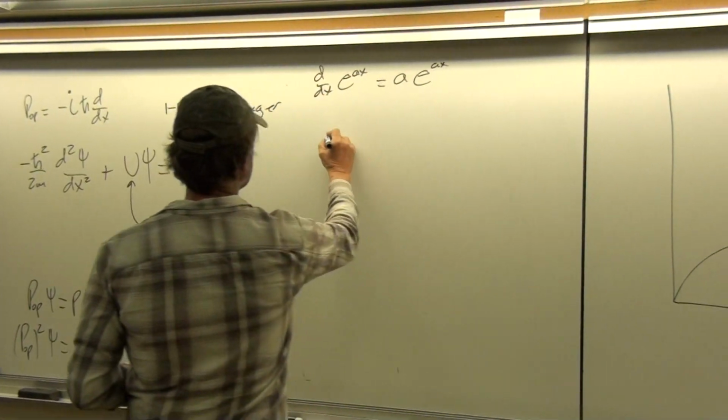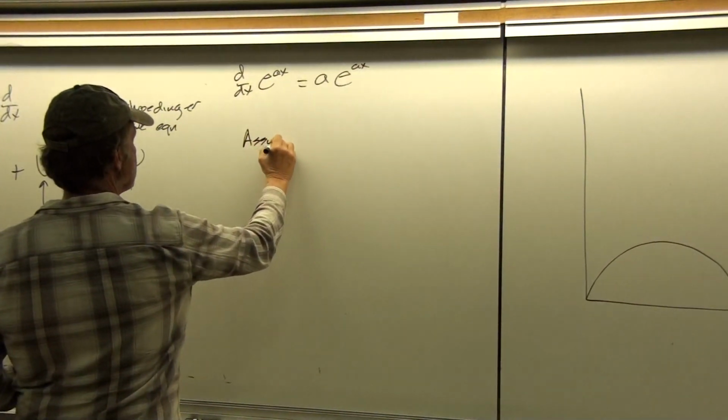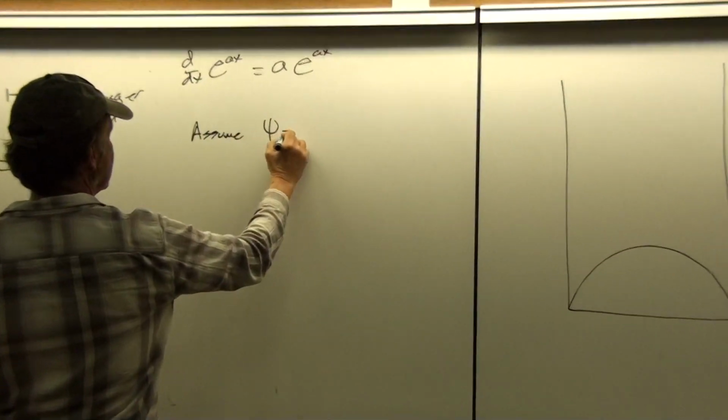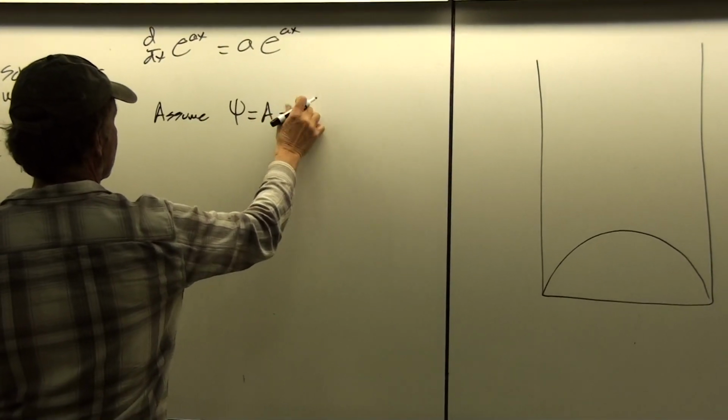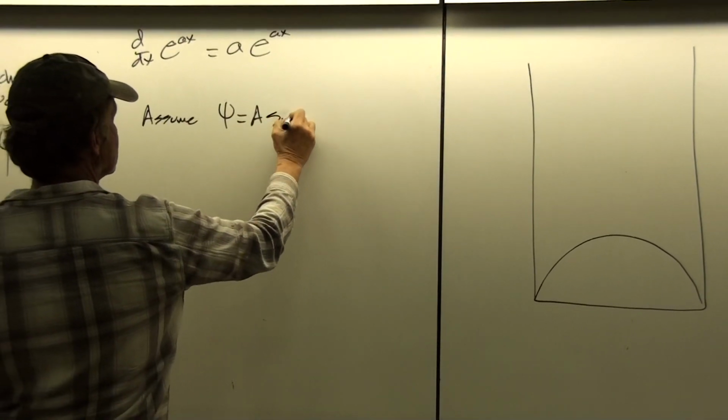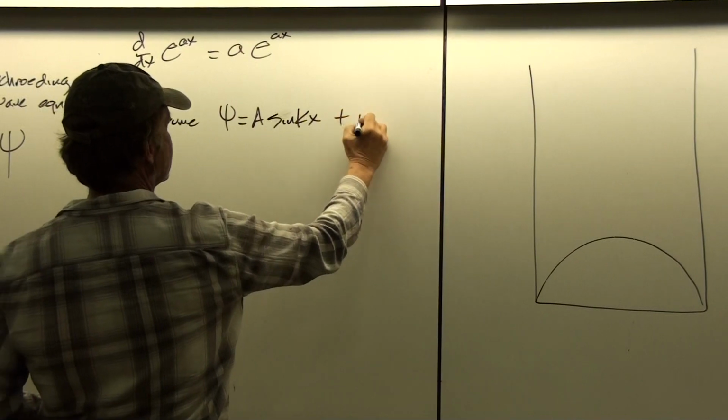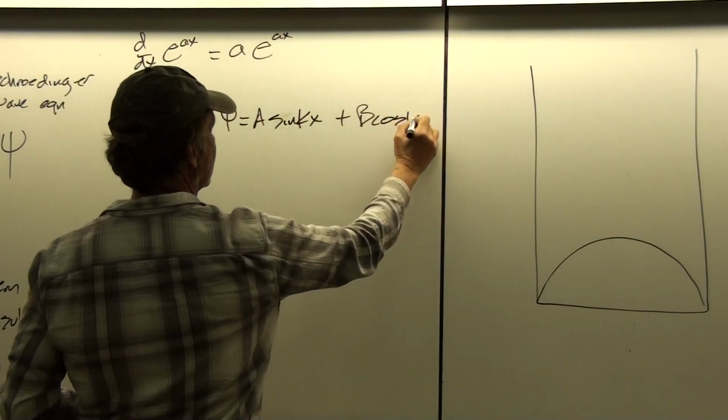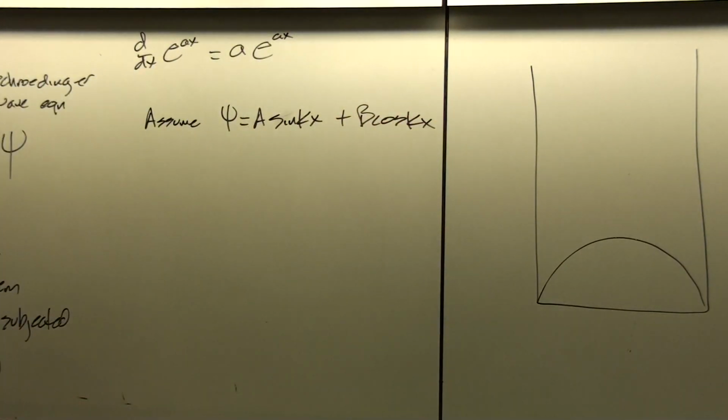Okay, so let's assume then that psi is equal to A times the sine of kx plus B times the cosine of kx. Okay, so that's our most general solution, and then we can go through from there and see what parts of this need to be analyzed more carefully.